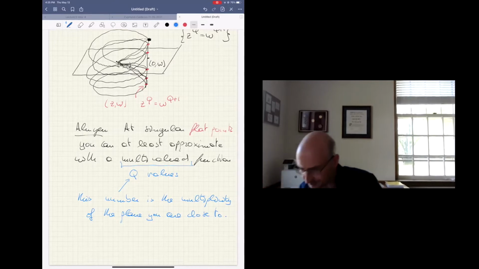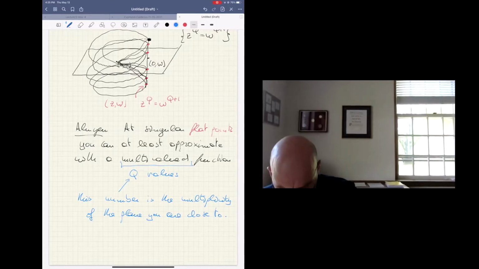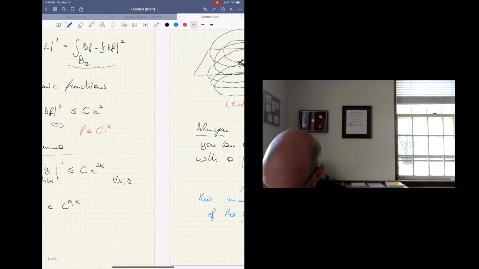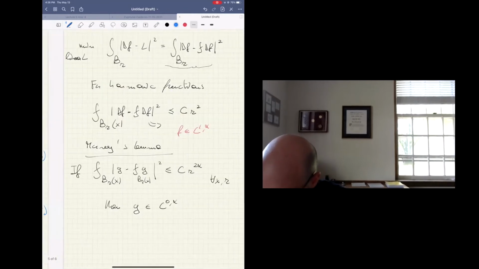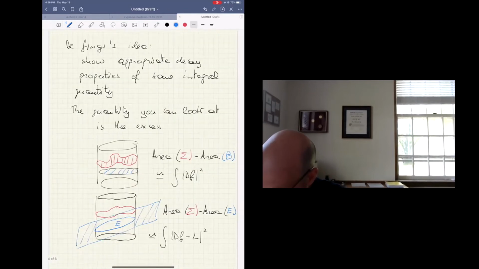Okay, so now, even though you have a multi-valued function, of course, you can't hope for some regularity like the one you got from De Giorgi's theorem.